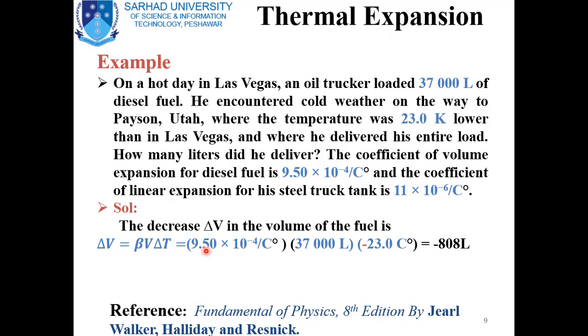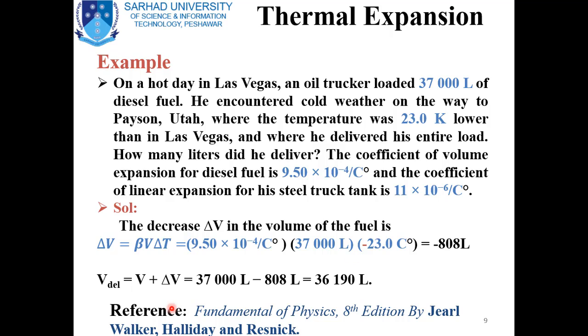So we put in these numerical values and our answer is minus 808 liters. So the change in volume is 808 liters, and the negative sign shows that the temperature of Payson, Utah is lower than the temperature in Las Vegas. So we put the negative sign for that reason.